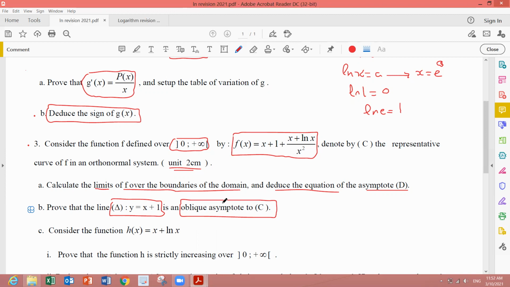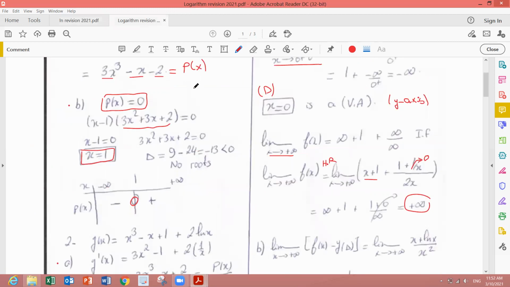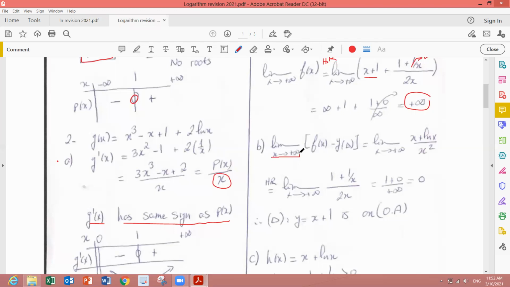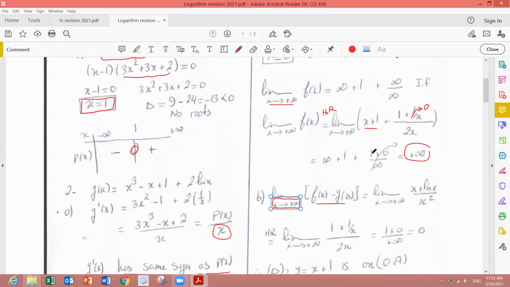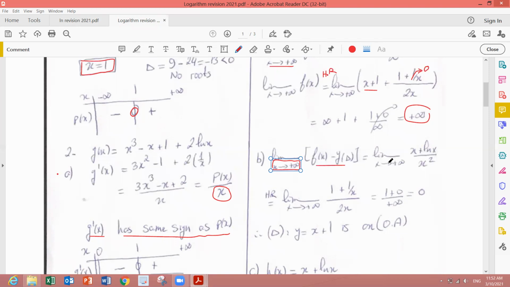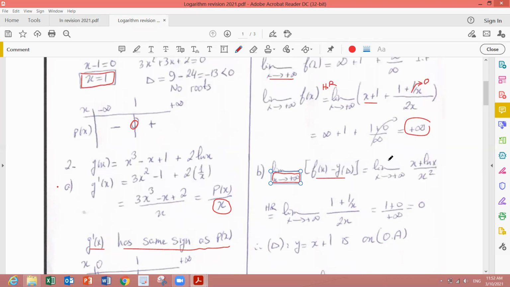We take f x minus y delta, and compute the limit as x tends to plus infinity of f x minus y delta. We get x plus ln x over x squared.